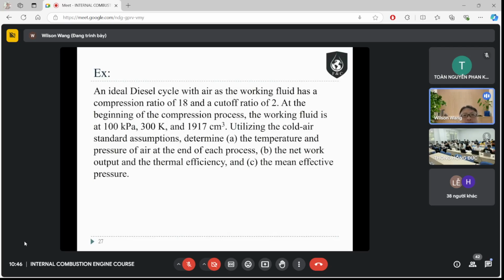Okay, we can look at one example. An ideal diesel cycle with air as the working fluid has a compression ratio of 18 and a cutoff ratio of 2. At the beginning of the compression process, the working fluid is at 100 kilopascal, 300 K, and 1917 cubic centimeters.